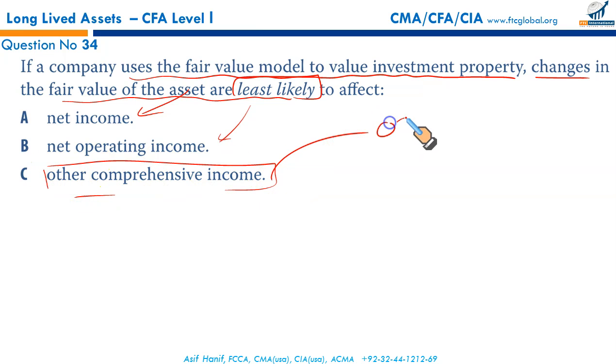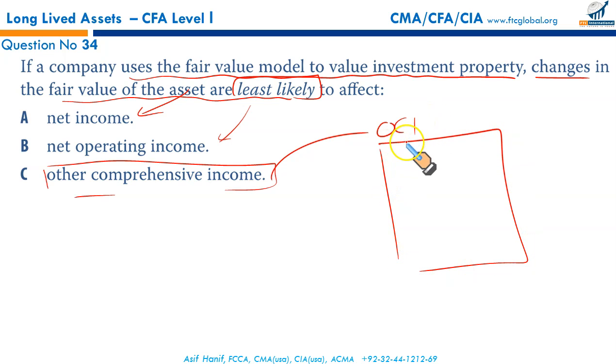Other comprehensive income shows 4 specific types of transactions: available for sale, debt or redeemable preferred stock, any gain and loss on remeasurement of available for sale debt or preferred stock is shown in OCI. Second, foreign currency translation gain and loss.